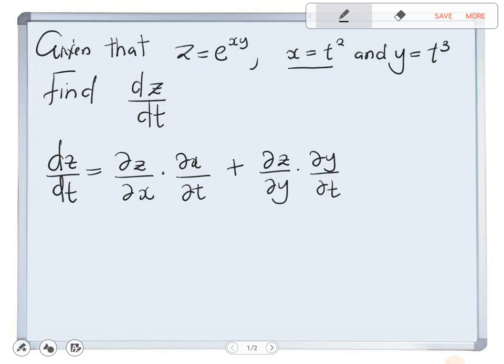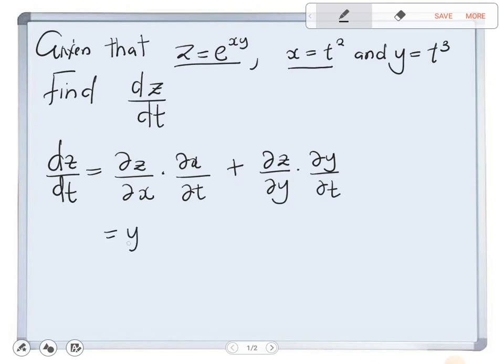So now let's find these. What is the derivative of this with respect to x? Remember, again here you are going to apply the chain rule. You differentiate there, you multiply by whatever remains, you get your answer. So if I differentiate here with respect to x, I'm just going to remain with y, and I'm going to drop the y down.